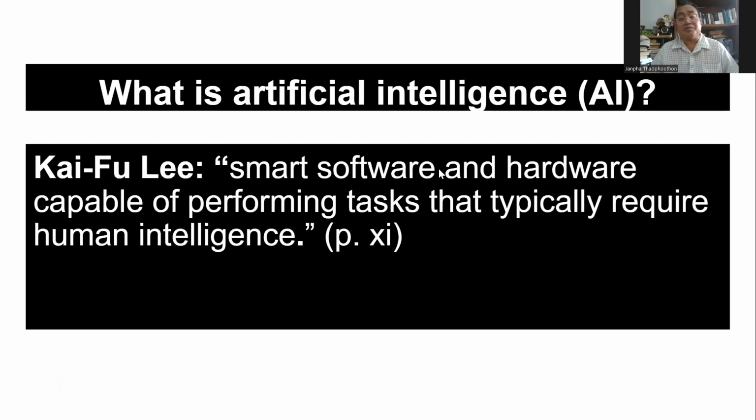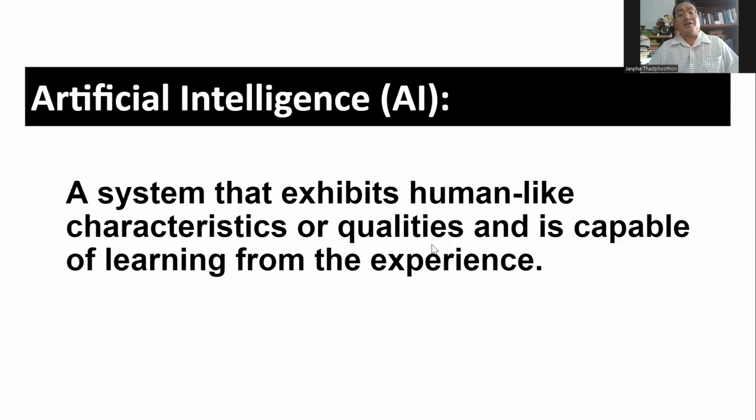Another term I would like to give you the definition of is artificial intelligence. According to Kai-Fu Lee, AI is smart software and hardware capable of performing tasks that typically require human intelligence. And for me, I think AI is a system that exhibits human-like characteristics and has two qualities.